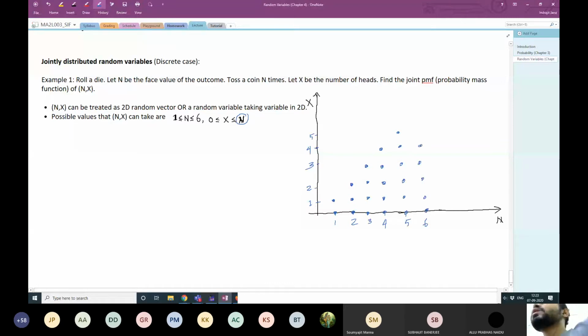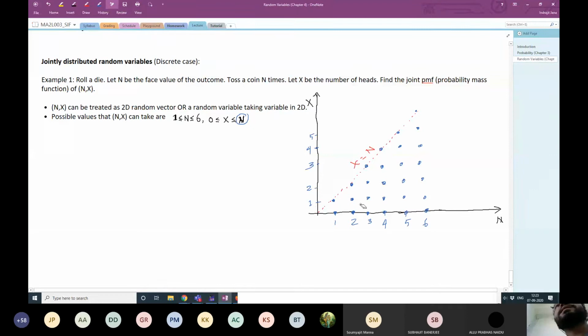In fact, if I try to draw a virtual line joining these points, you know very well that the equation of this line is going to be x is equal to n. So the whole point is that there are these possible outcomes. If you get 4 as the face value of the dice roll and you toss a coin, you get 0, 1, 2, 3, 4 heads.